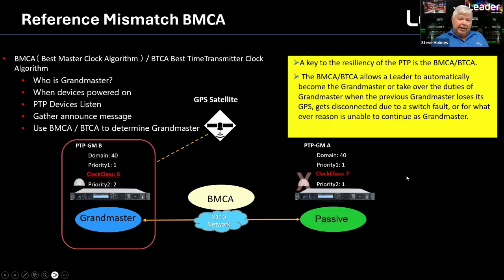Now, the beautiful thing about this is it is all done under the hood with the two units talking to each other. All of a sudden, one generator just goes passive, the other generator comes online, and all the receivers are still getting PTP perfectly. And everything happens just fine.